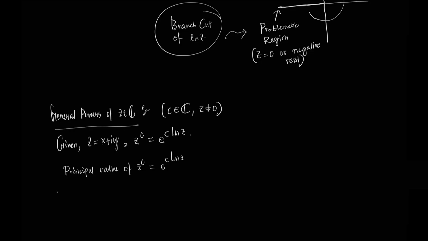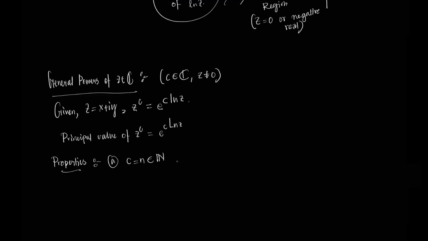Okay, now what are the properties? See, if c is nothing but a natural number n, which is in N, you can think of it like this. You do realize that in that case z power n is going to be single valued, exactly what we intended. On the real line also exactly similar sort of thing happens. So this is single valued. Why?